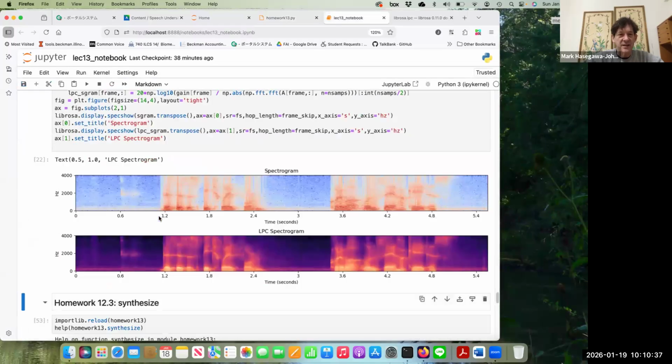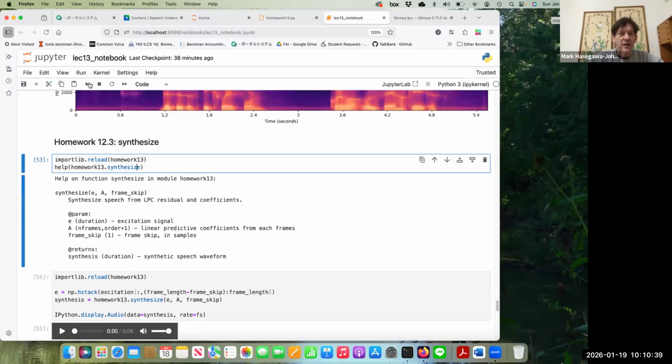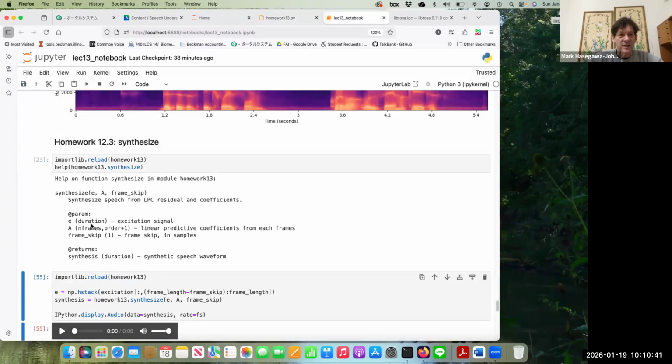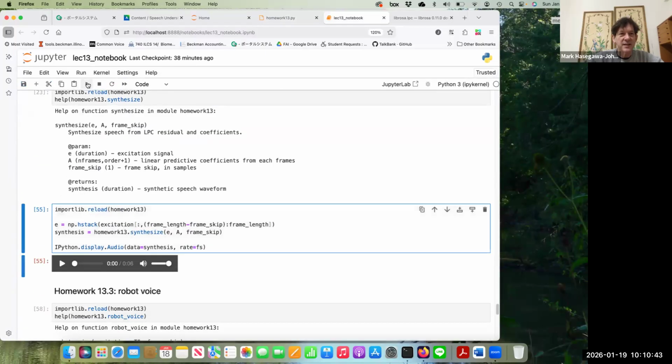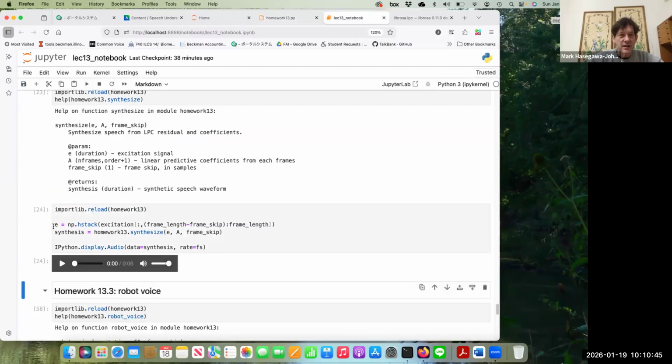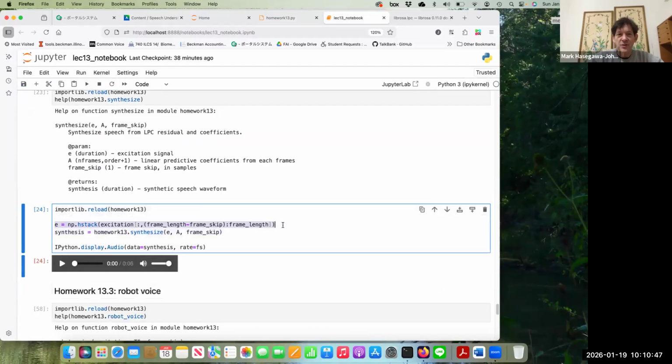Let's try that and see if that gives us good results. Here we'll look at the doc string specifying what we should do, and then let's try synthesizing speech and see how it sounds. Notice I just stacked up the last 80 samples from every frame here and called those E, and then I passed E to the synthesis, and the result sounds like this.